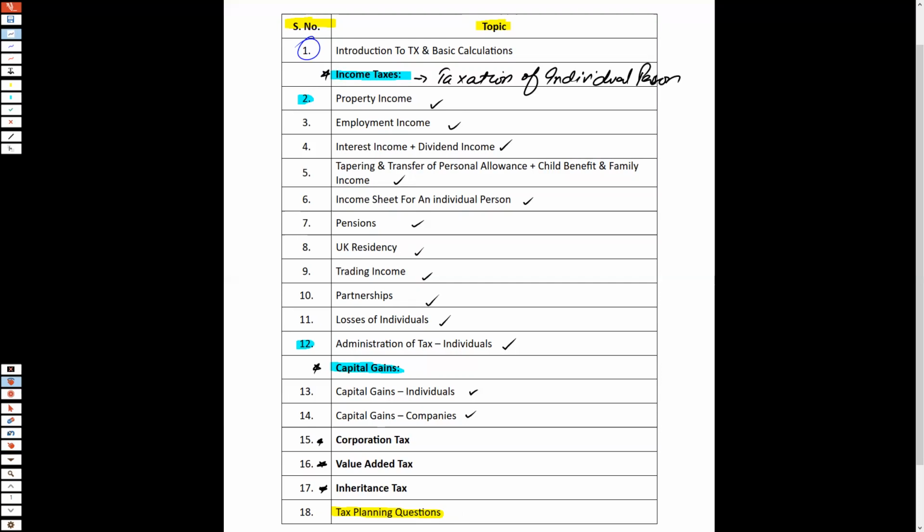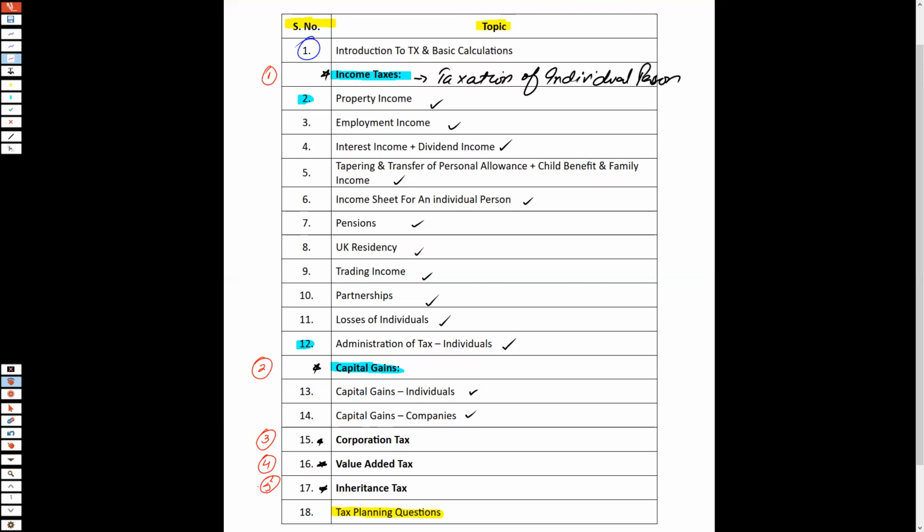As I told you, this syllabus is mainly divided into 5 areas. You can see number 1 is income tax, number 2 is capital gains, number 3 corporation tax, number 4 value added tax, number 5 inheritance tax. I have also guided you on this on the previous slide.